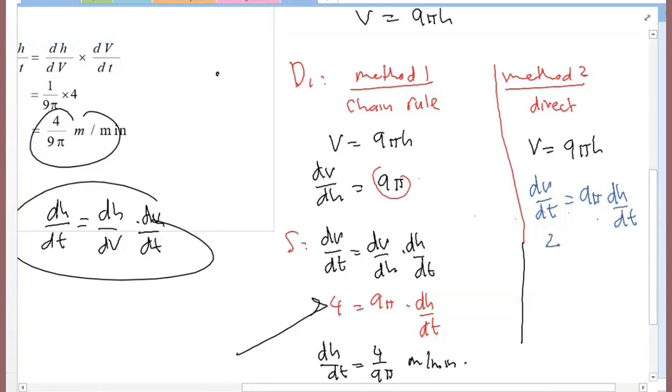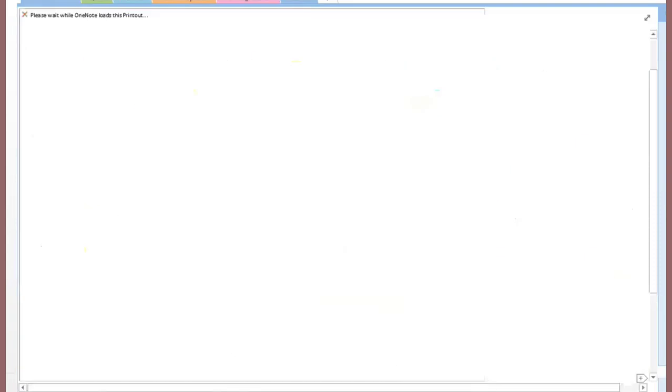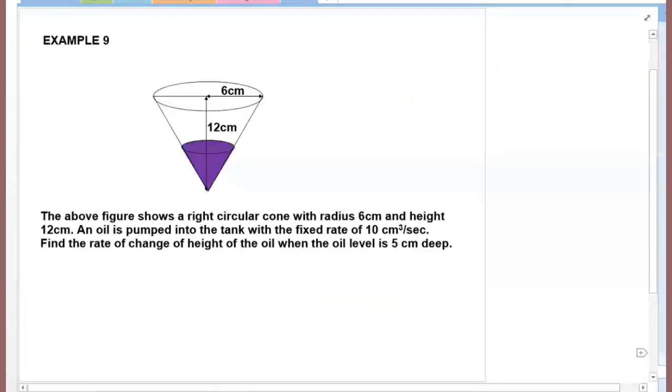Then substitute for 9 pi dH/dt. Therefore dH/dt is equal to 4 over 9 pi. I was a bit fast introducing the number 9, but it's okay, the idea is DITS.